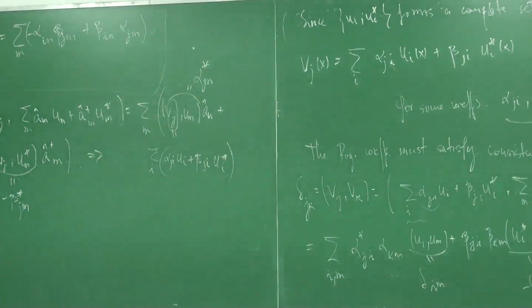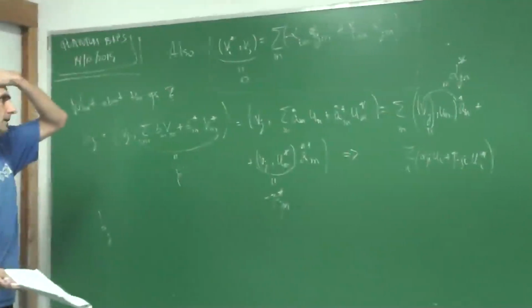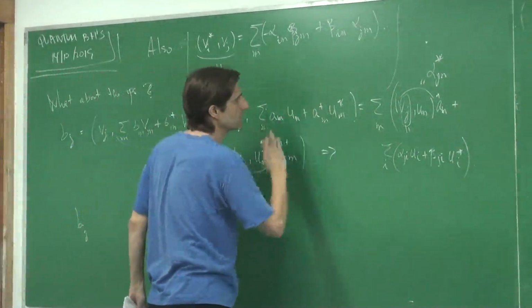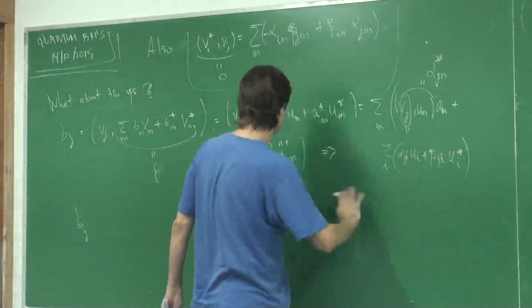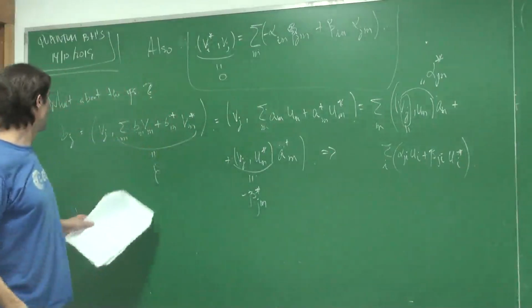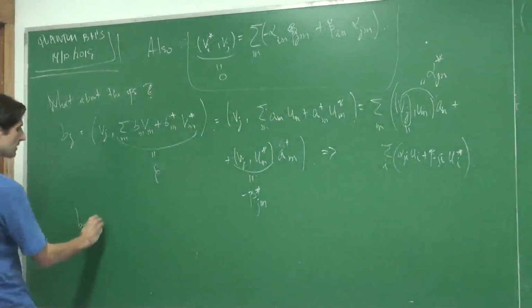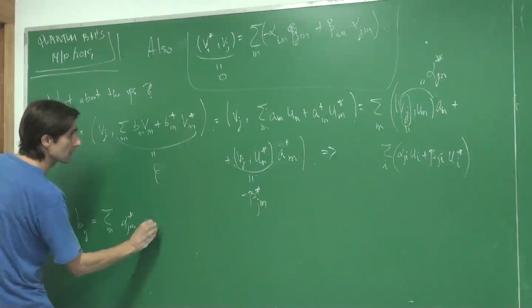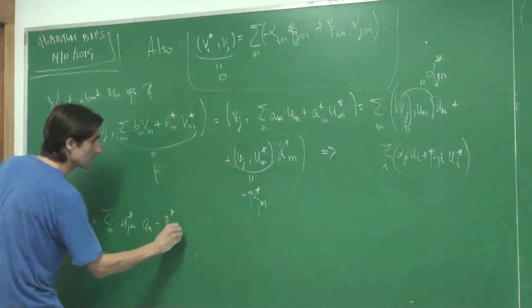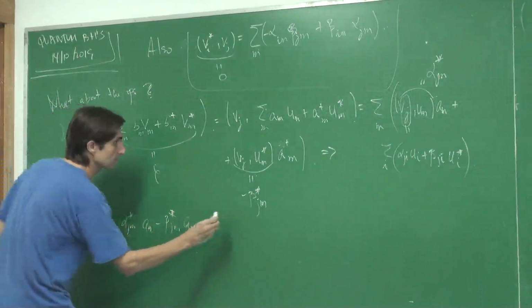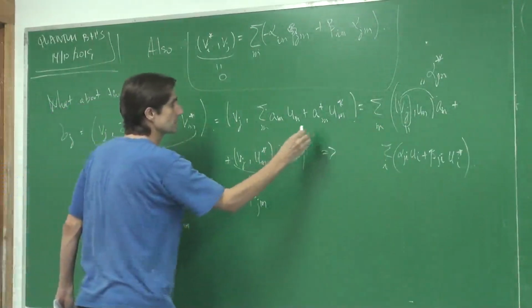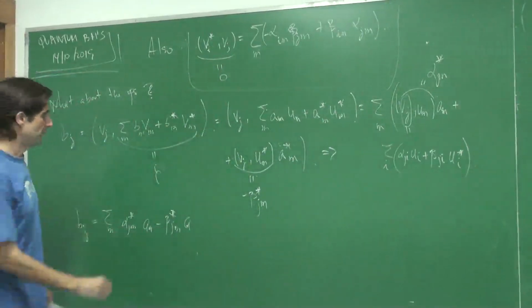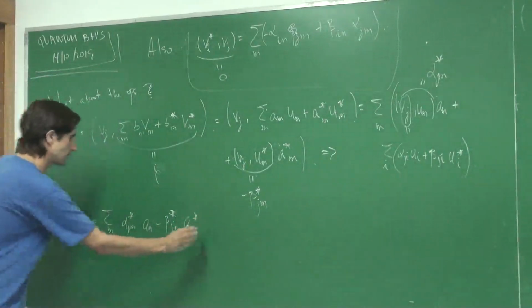And so the bj. Here I'm mixing operators and non-operators. Strictly speaking, you should remove this. And now I've got, bj is equal to this.